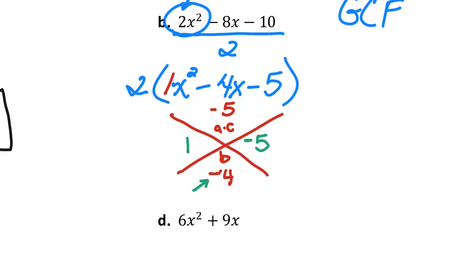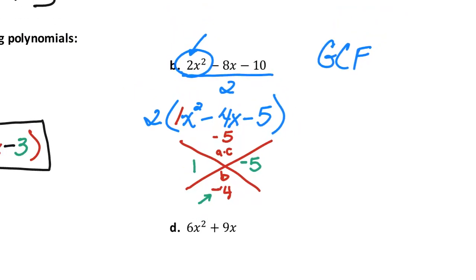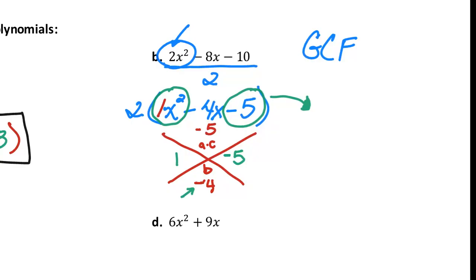The 5. All right. So I need to change this trinomial into a 4-term polynomial. So I keep the first term, 1x squared. I keep the last term, negative 5. And don't forget that negative.